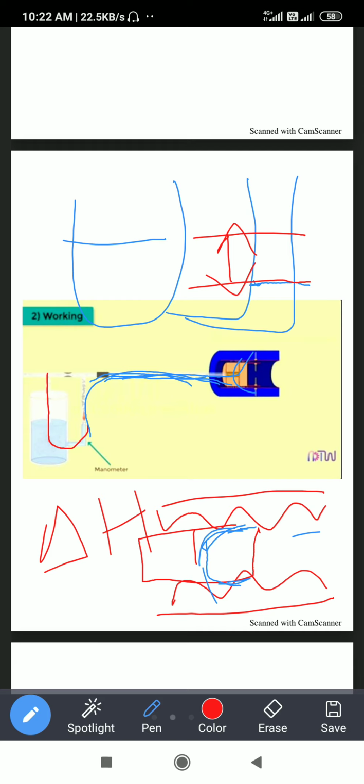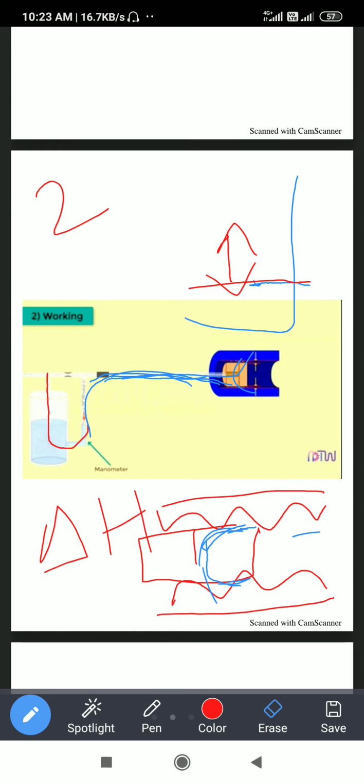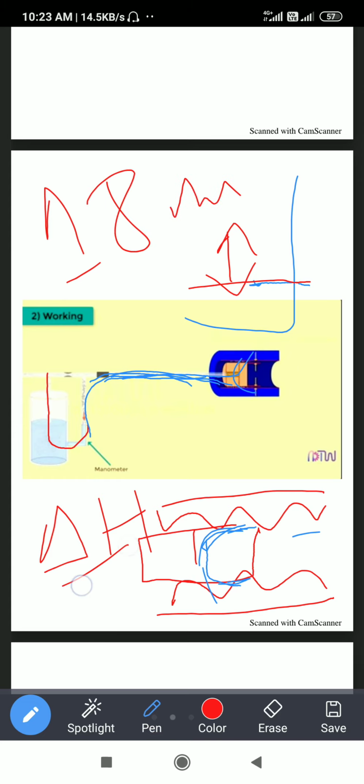This difference is used for comparison with the standard. If the delta H is 20 mm, the same procedure is done with a standard. If the standard has a water level difference of 18 mm, that is its delta H, and the job is 20 mm.